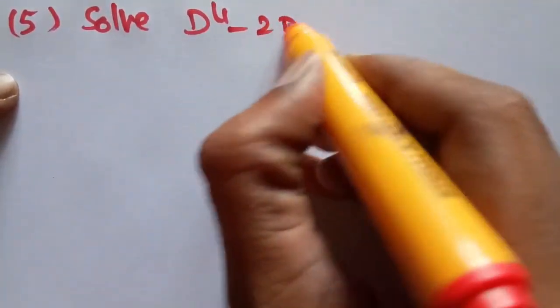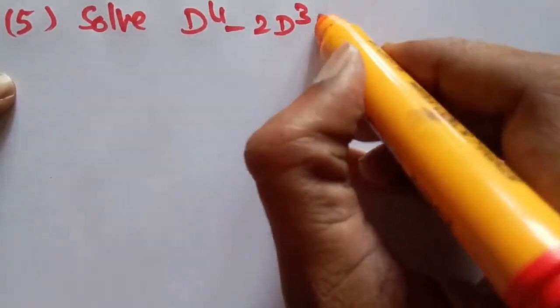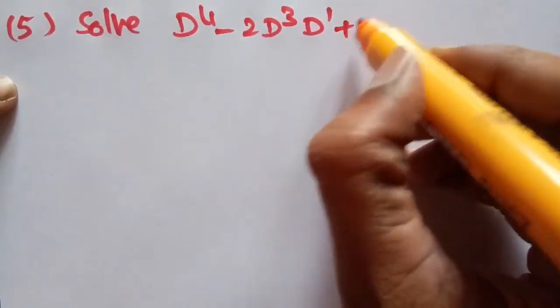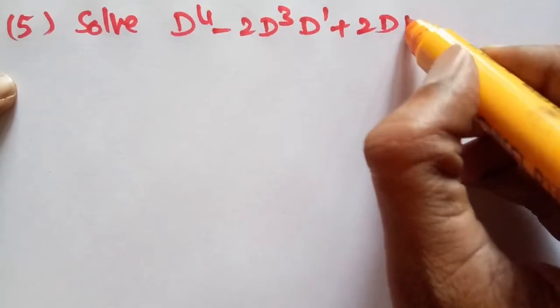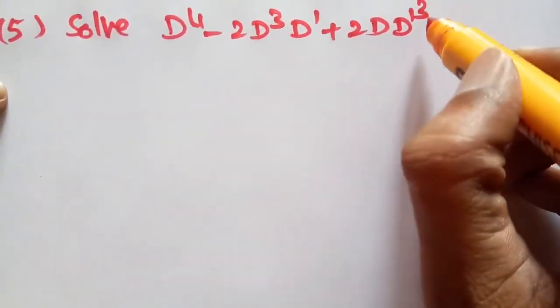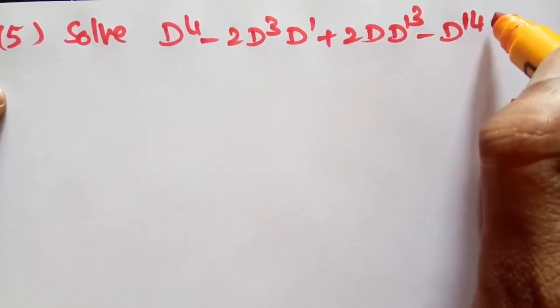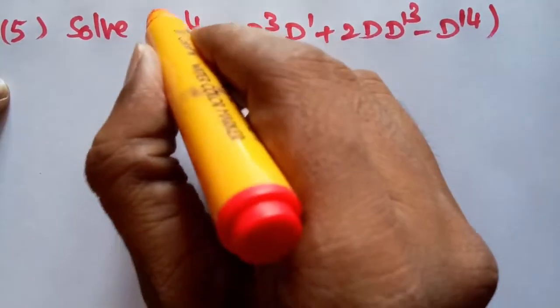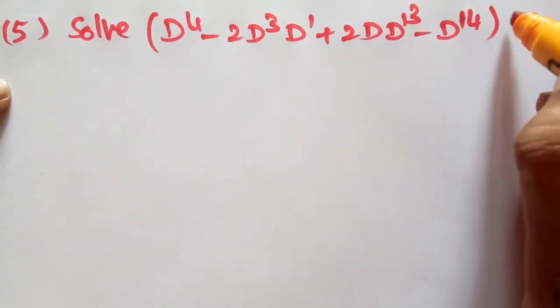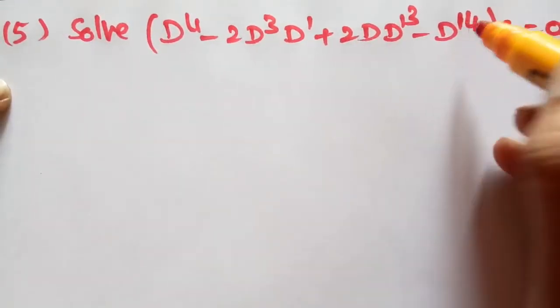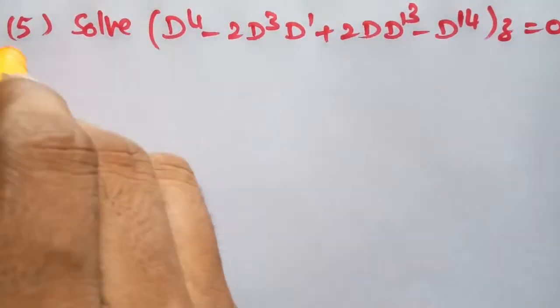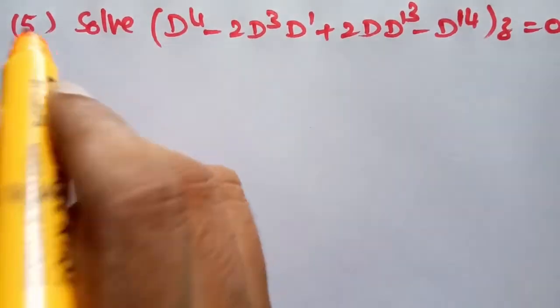Solve (D power 4 minus 2D cube D dash plus 2D D dash cube minus D dash power 4) into z is equal to 0. Therefore, write down the given equation.